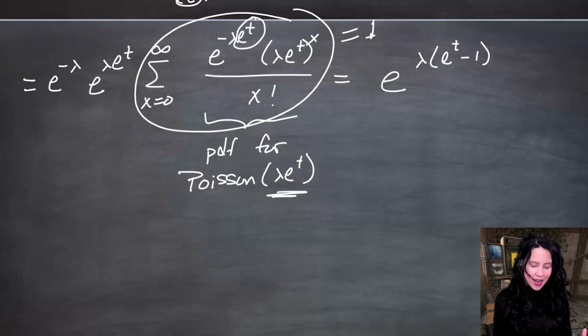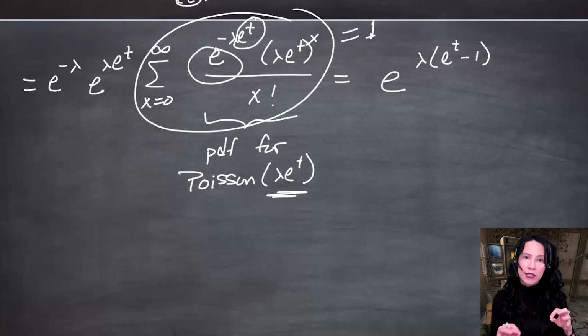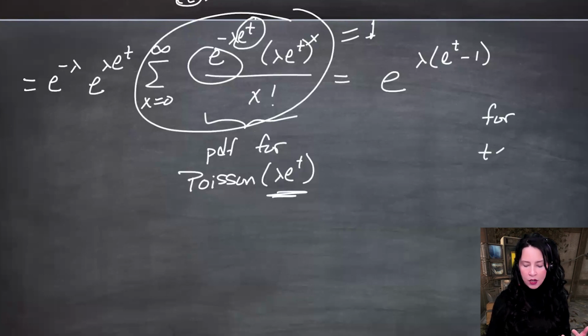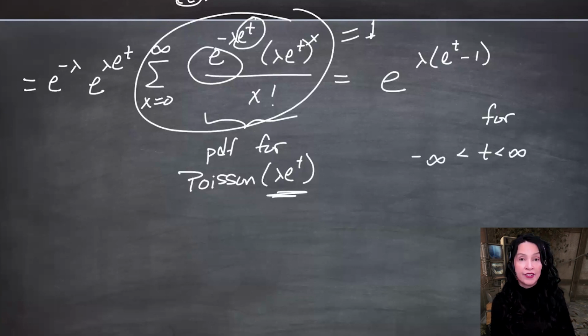So I still have e to something positive, no matter what t is. In some cases, your moment generating function sums or integrals are going to diverge. They're not going to sum to something finite for certain t. So you do need to finish this off by saying where t can be. And t could technically be negative.